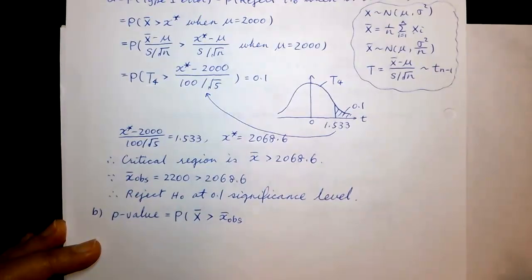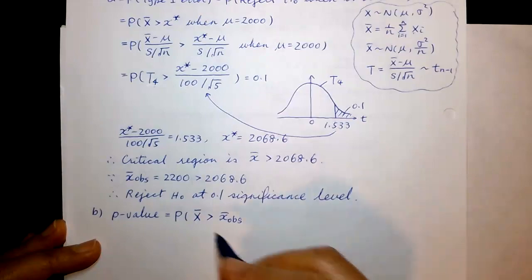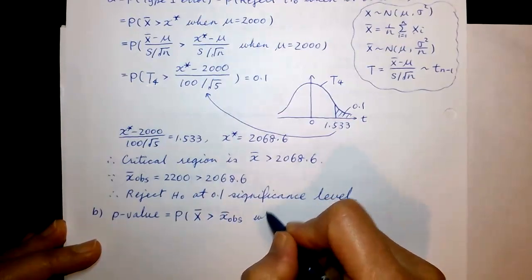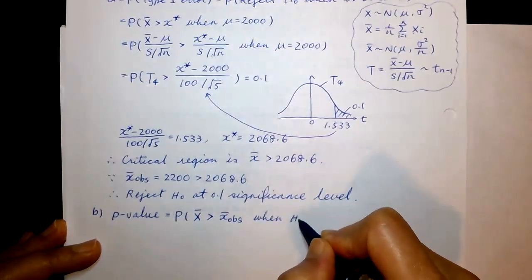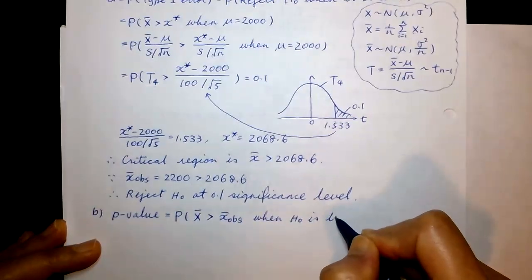Because the more words they know, the less supportive for H naught. It means they know a lot more than 2,000 words. So we would support H1. Don't forget, when H naught is true.